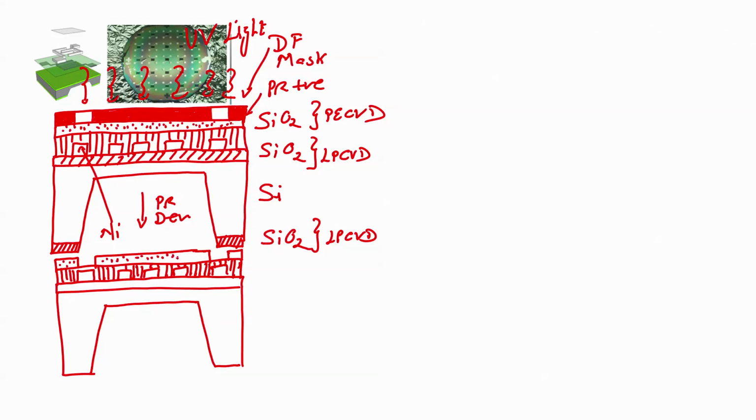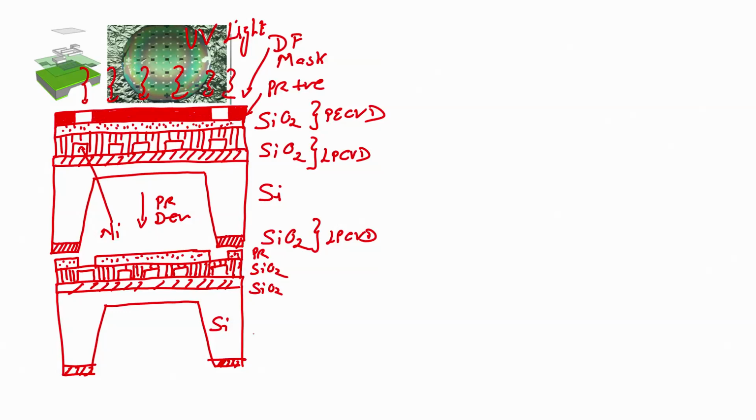PR will develop like this, and we can see that we can access now the silicon dioxide which is grown using PECVD, right. Correct.